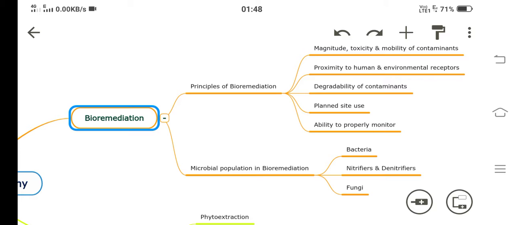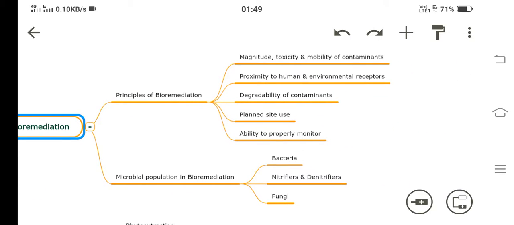And in this bioremediation, we studied two subtopics, principles of bioremediation and microbial population in bioremediation. In principles, we studied five factors or five principles of bioremediation.